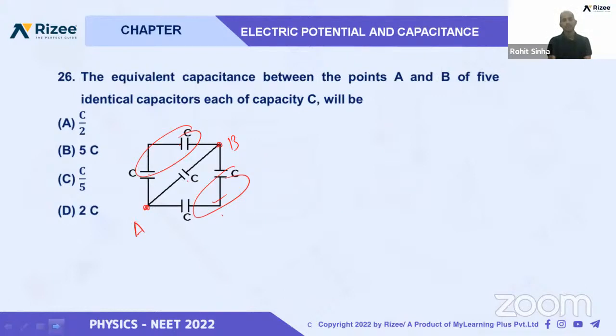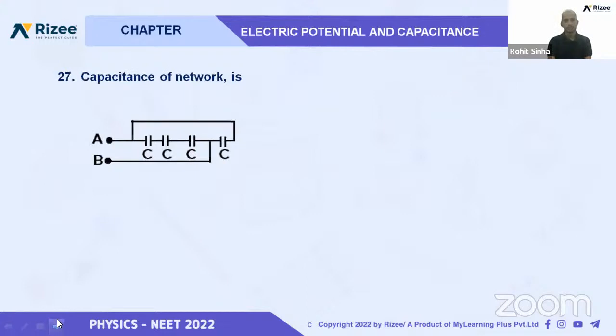Now, this question. You only try this question. What you will do is assume here B point. Here is A point, here it is also A point. We can draw like this: A here and B here.